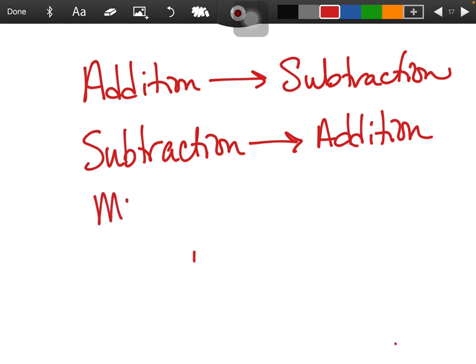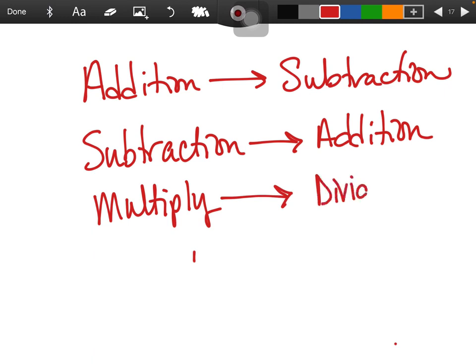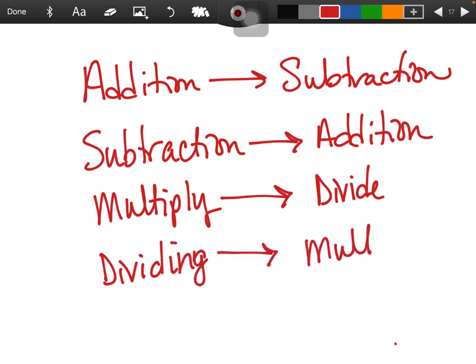If I've got multiplication, if I'm multiplying, I will divide. And if I'm dividing, I will multiply. Okay, I do the opposite of what it says.